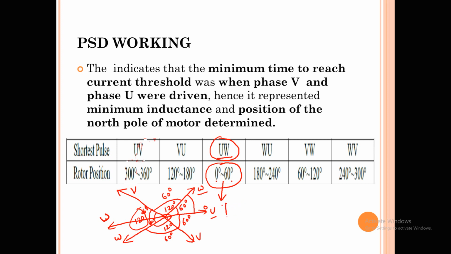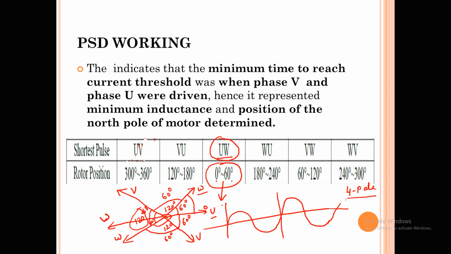So okay, no issue. Let's assume one motor, a 4-pole motor. Once you rotate the shaft of the motor, you are going to get 1 cycle, and you are going to get a total of 2 cycles. Let's assume the motor is a 4-pole motor.